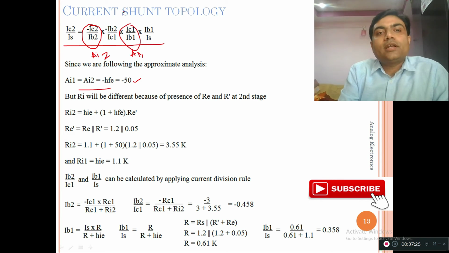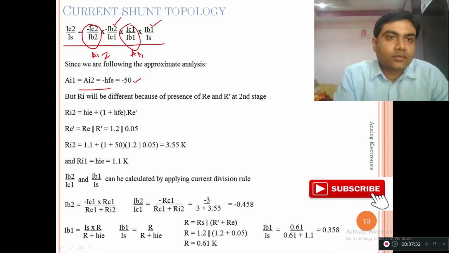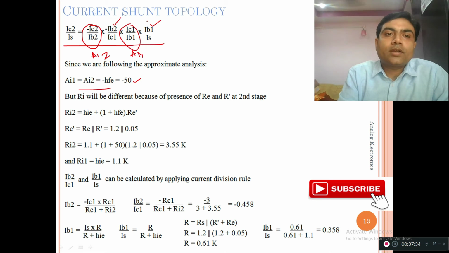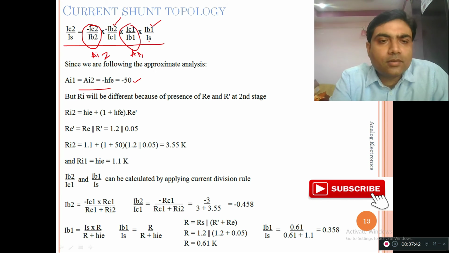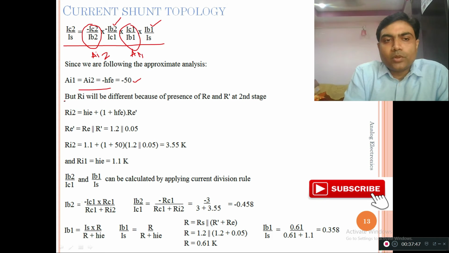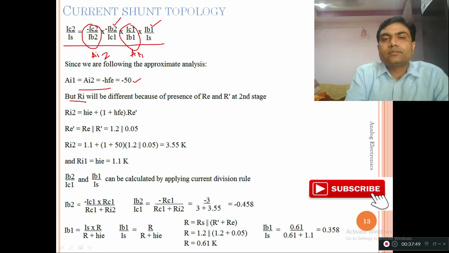Now we are interested in calculating these two components, IB2 upon IC1 and IB1 upon IS, by the current division rule. How? We will see when we go through the steps. But before that, we have to determine the RI.